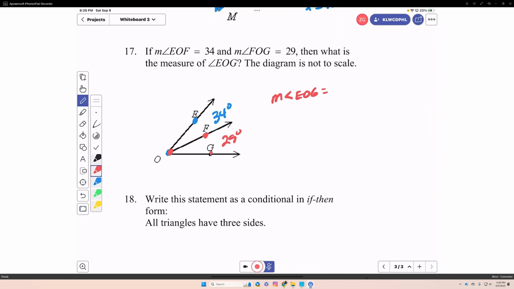That's the angle addition postulate. So I just have to add 34 plus 29, so it's 63. So the measurement of angle EOG is 63 degrees since we added the two smaller angle measurements.